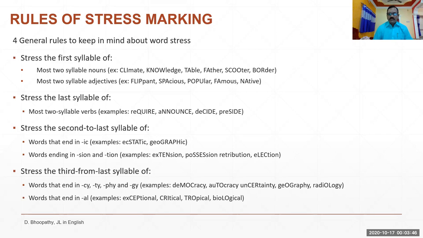For example, father, table, knowledge, climate, border, scooter. These are nouns, and every word has only 2 syllables. So when a noun has 2 syllables, most probably the first syllable is the stressed syllable.